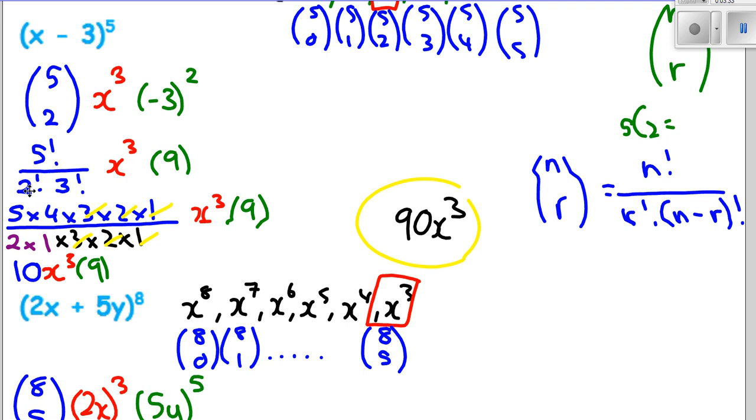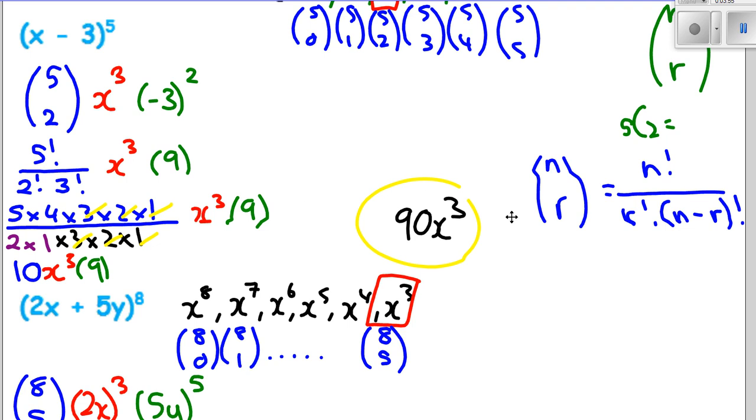Negative 3 squared is just 9. Heaps of stuff cancels down, so you end up with just 5 times 4 over 2 times 1, which gave us 10. So 10x cubed, don't forget it's still times 9 here. When we multiply all this out, we ended up with 90x cubed.